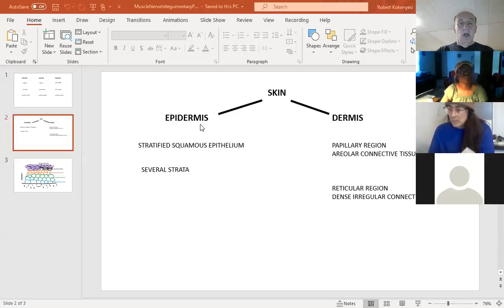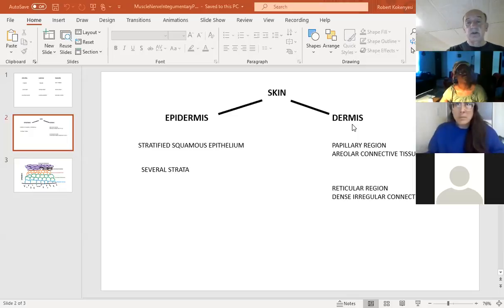Epidermis is the surface layer, meeting the airspace. By tissue type, this is epithelial tissue, stratified squamous epithelium. As we'll see in a few minutes, it has several individual layers within the epidermis. The dermis is much thicker.